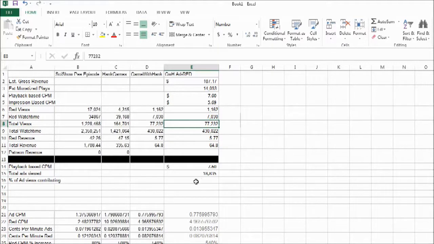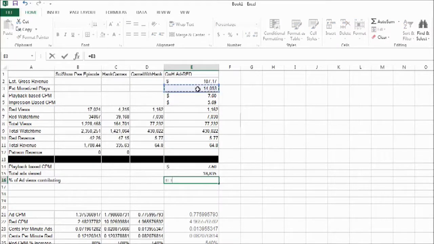So obviously there's a pretty large gap there. So just going ahead and taking these monetized plays and dividing them by the non-red views, we see that there is quite a discrepancy.